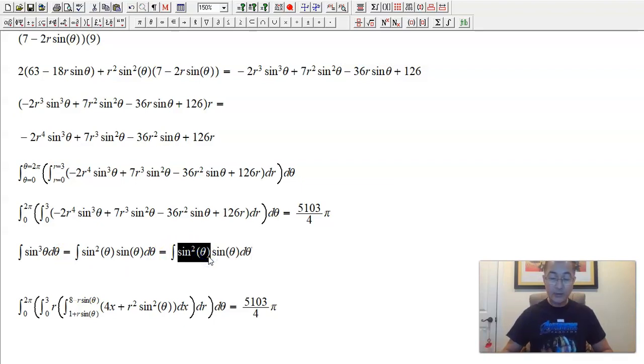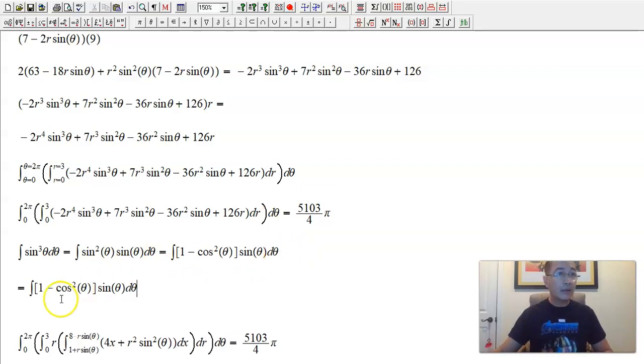We will change sine squared into 1 minus cosine squared theta. And we distribute. So we now have sine theta in here minus cosine squared theta times another sine theta.